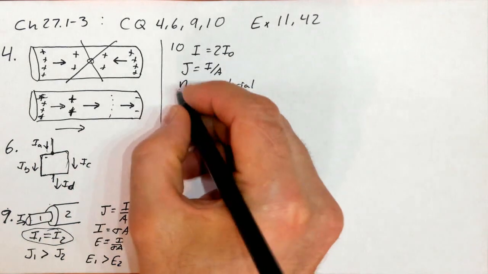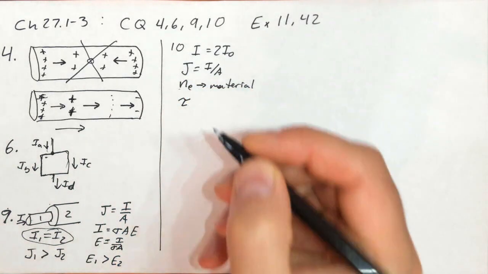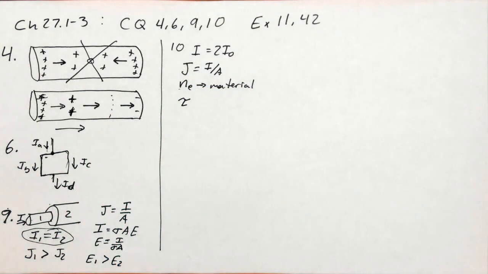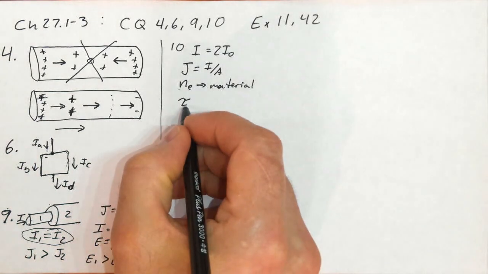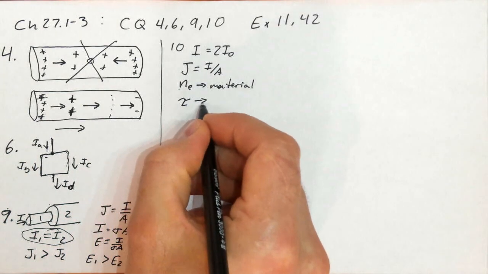That's the tau that you saw in the derivations, the average time between collisions. How does that depend on the current? The tau is also a fundamental property of the material, and because of that, it doesn't change either.